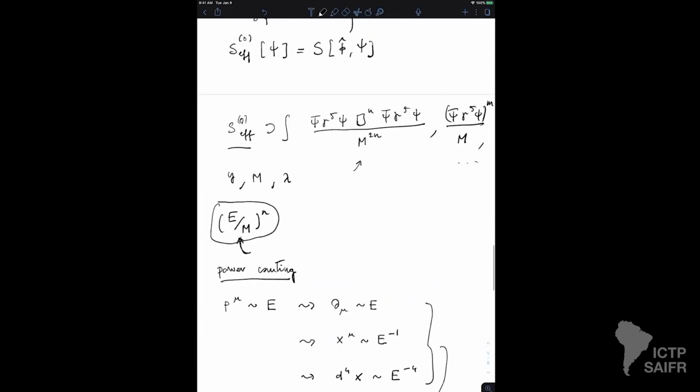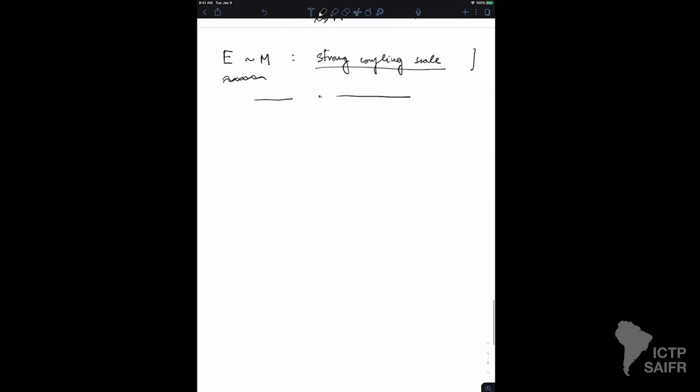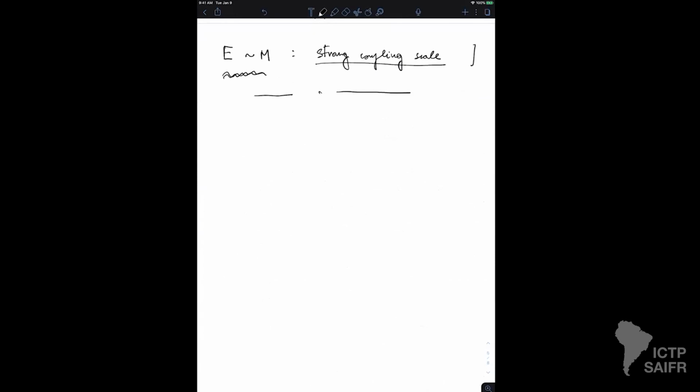Okay. So another question is, can the ratio of masses be taken as the expansion parameter? Yes, absolutely. So for instance, not maybe directly a field theory example, but in quantum mechanics, when you treat the hydrogen atom as a problem of a particle in an external potential, you can think of that as having taken the ratio between the mass of the nucleus and the mass of the electron to 0.